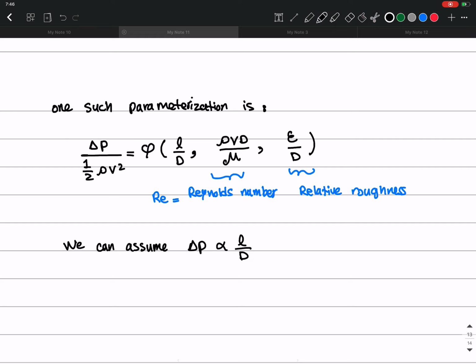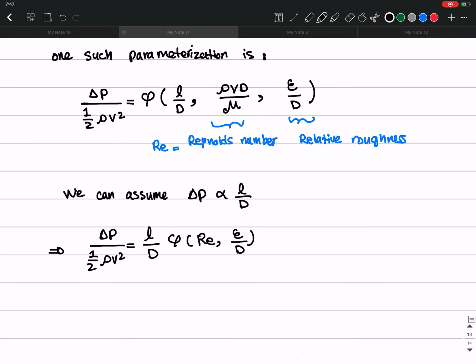So I can just write delta P over 1/2 rho V square equals L over D times the phi function of Reynolds number and epsilon over D.